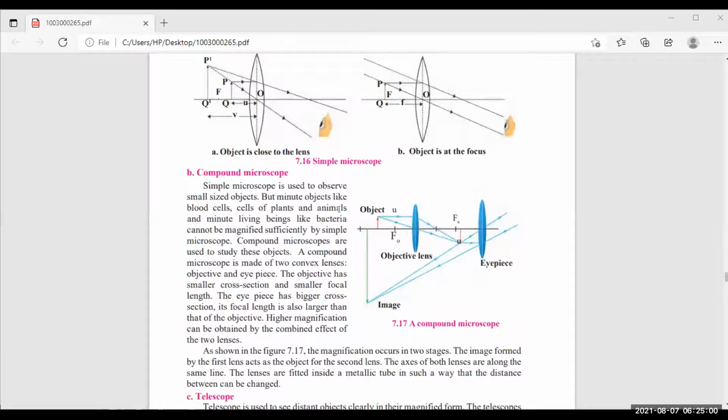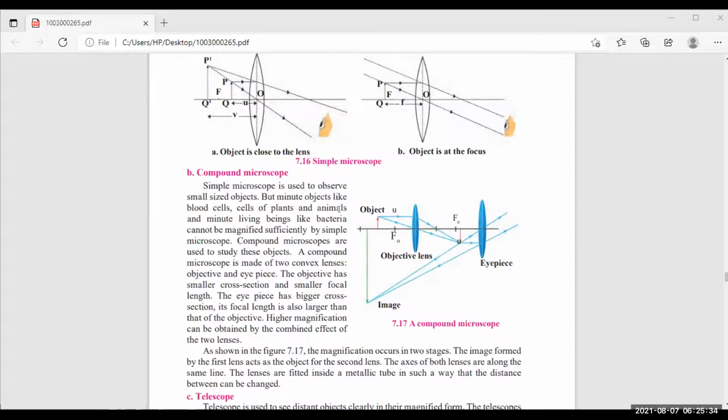In the last video also we have seen about the microscope and its types. First one is the simple microscope, second one is the compound microscope, and third one is the electron microscope. Now, when we speak about the compound microscope, the simple microscope is used to observe small objects, but minor objects like cells, our blood cells, viruses, and bacteria cannot be observed under simple microscopes.